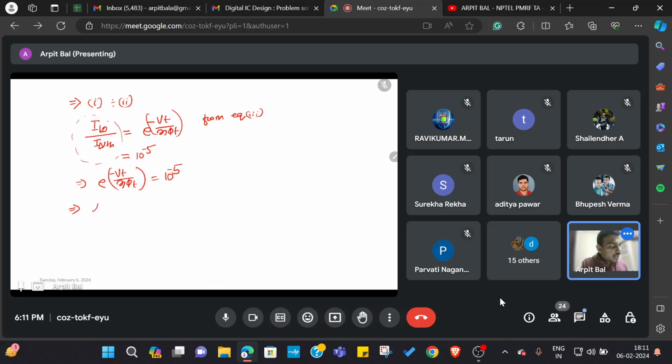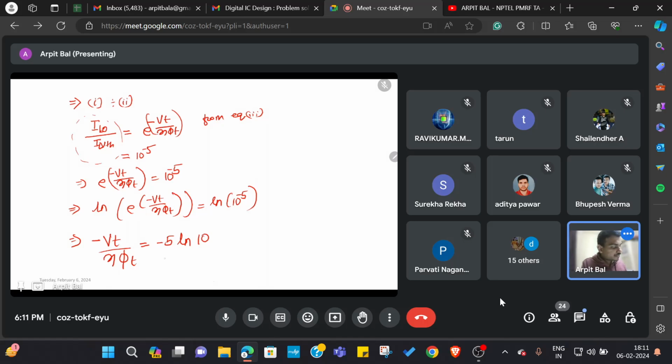So I'll take ln both sides. Okay, so I'll be left with minus Vt by eta phi t equals minus 5 ln 10.